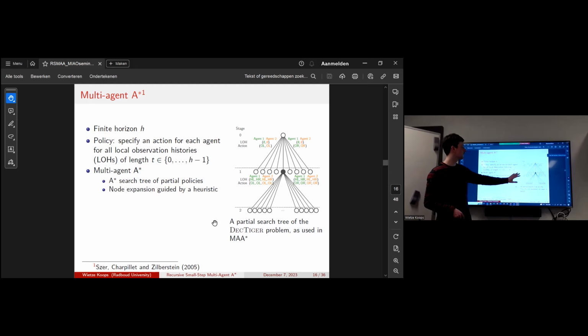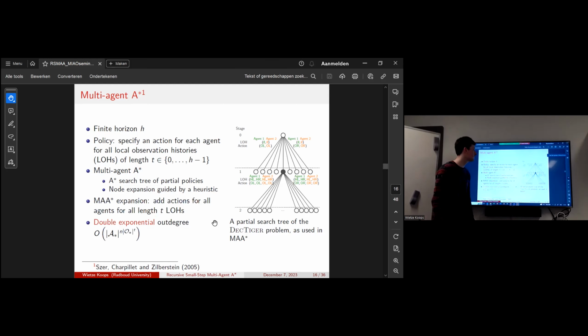And then from stage 1 into 2, multi-agent A star chooses an action for each observation history of length 1. Well, there are 2 of them for agent 1, 2 of them for agent 2, so 4 in total. So we have here an outdegree of 3 to the power of 4. So this continues in general.